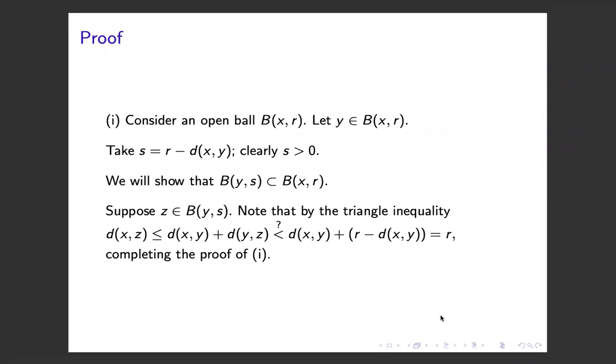So this proof is just, so one can show that around y, that ball with the smaller radius that you draw is completely contained in the bigger ball. That's pictorially very, very obvious. And we are just going to write it in mathematical terms. That's it. So you take an arbitrary point in the smaller ball, and use the triangle inequality to show that that ball has to be contained in the bigger ball. So that proves that the smaller ball is contained in the bigger one.